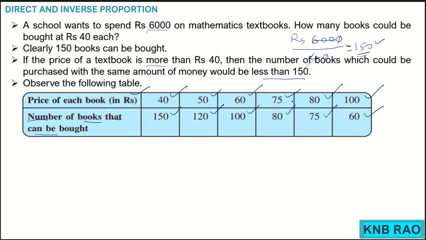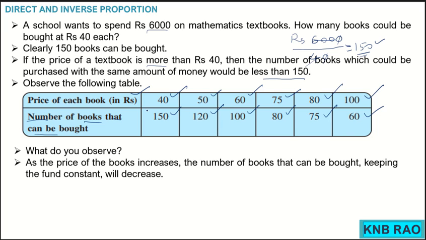Here we can say both quantities are inversely proportional. But what extra can we observe? What further can we observe?